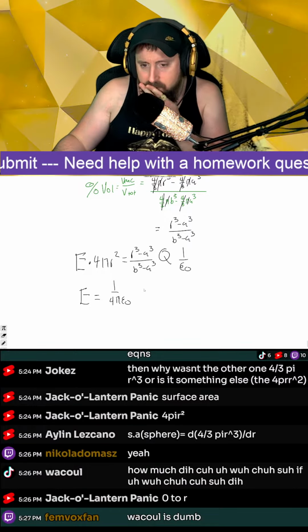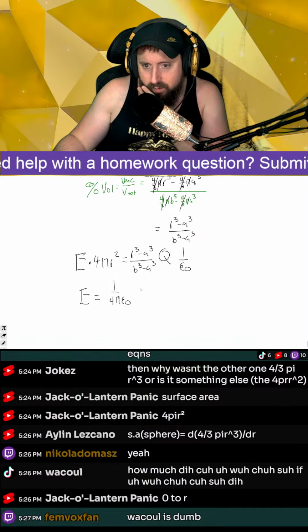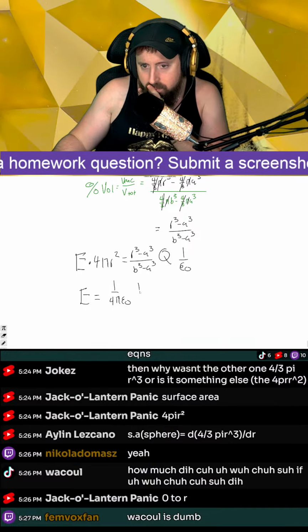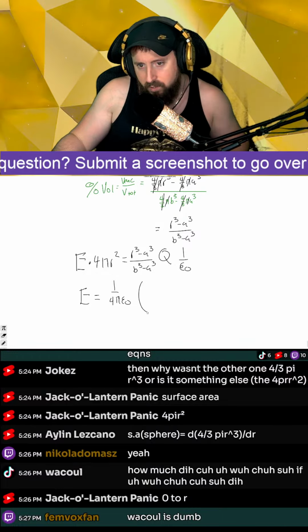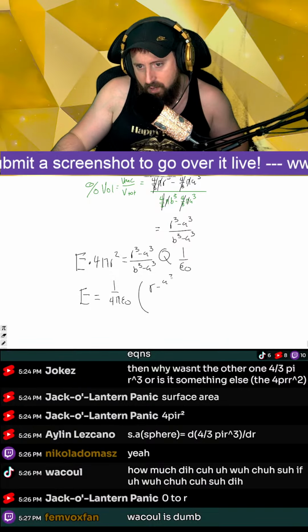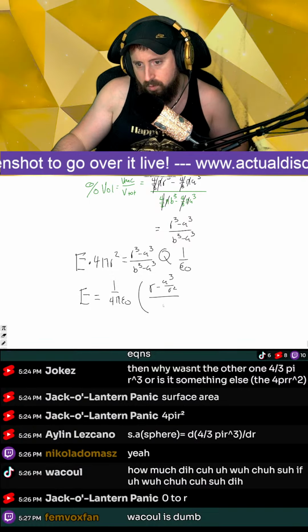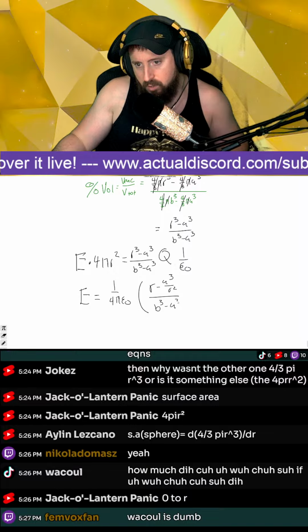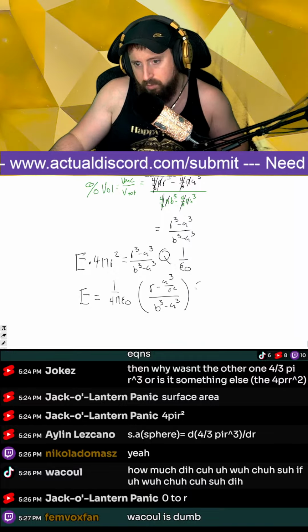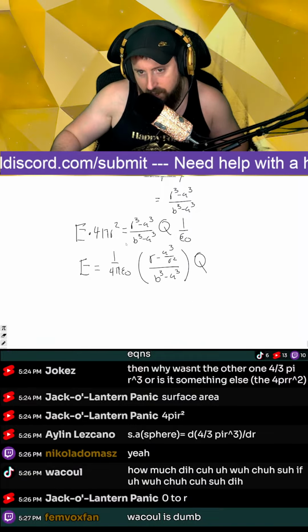And then you're dividing by r squared, so that's going to be r cubed minus a cubed over r squared, all over b cubed minus a cubed, times q. And then this is just k.